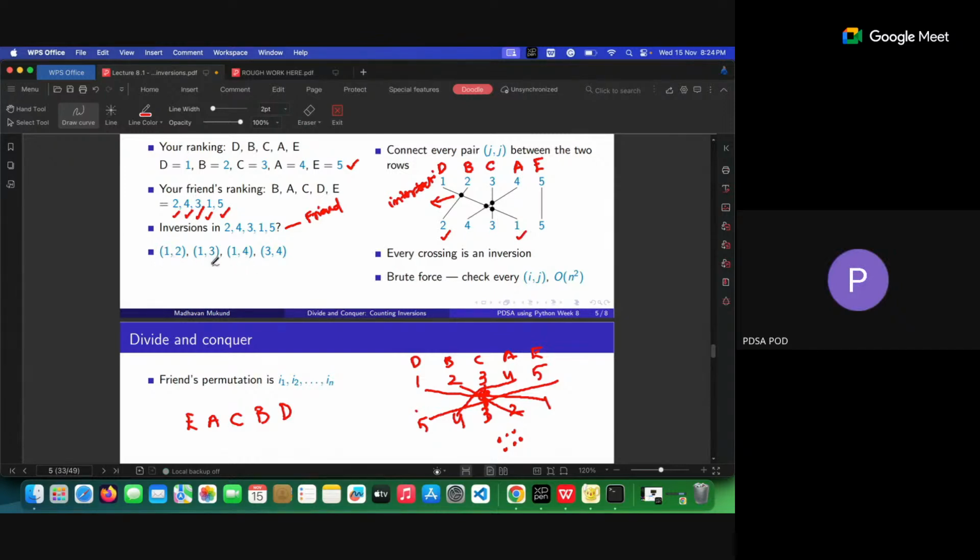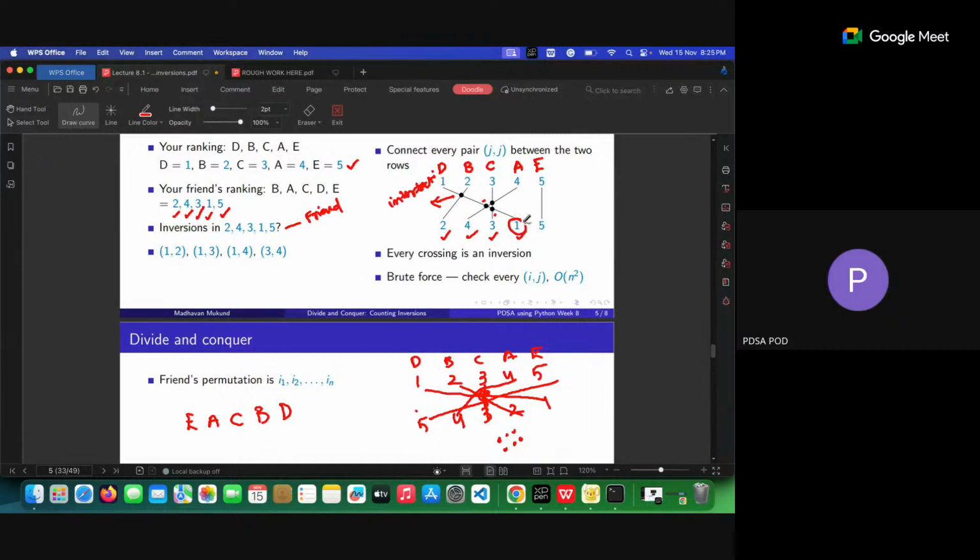Similarly, 1 and 3 is there. You can find 1 and 3. See here, 1 and 3 is this one. You got it? So 3 appeared before 1. See, look, 3 appeared before 1. Similarly, 1 and 4 is there. You can find it, 1 and 4. So here is 1 and 4, exactly at this place. So at this place also it is the same. 4 appeared before 1.